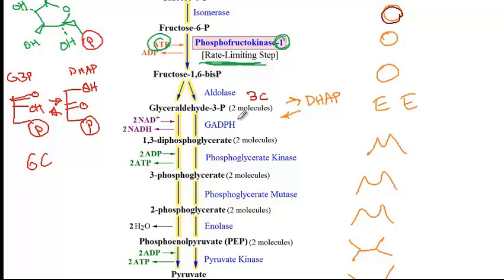The next reaction is conversion of glyceraldehyde to the different phosphate groups. That's how I remember. Remember, grapefruit has a good amount of phosphate.